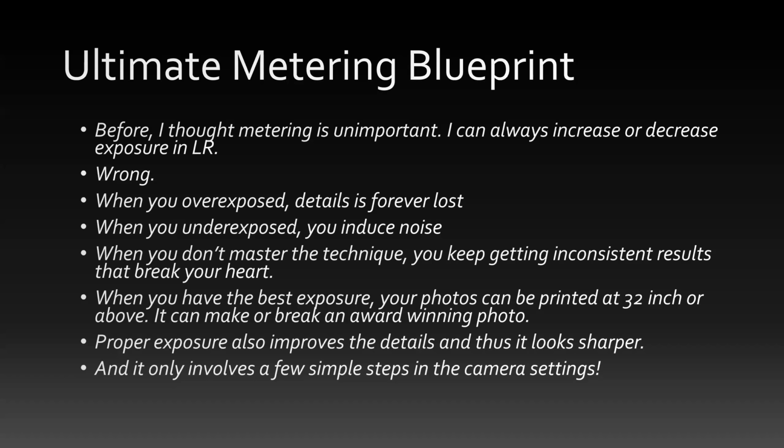So if you expose the photo properly on the bright side, then the shadowy side would actually be much darker than what you see. So what you do is you go to Lightroom, go to the shadow bar, and slide the shadow to the right so that the darker part will be brightened.